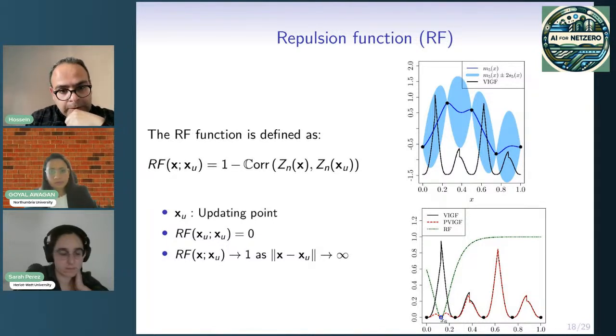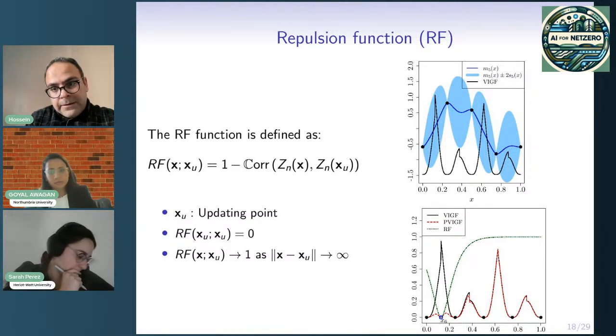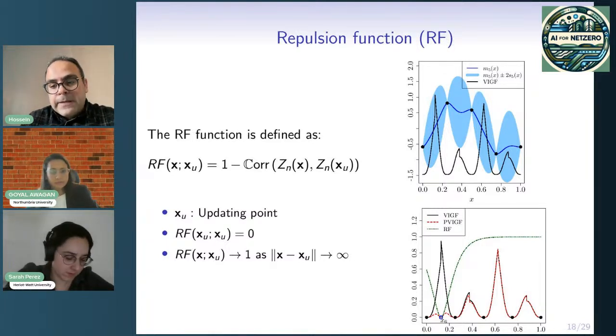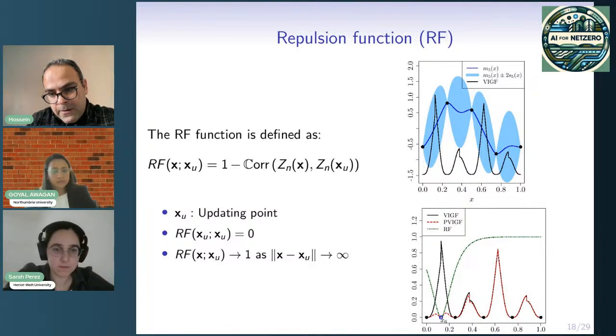Okay, so how does it work? In fact, let's go back to our previous example. So we want to select this point, we call it x6, but we want to take more samples without running the model. Now I multiply my VIGF, which is in black, by this repulsion function, which is in green.